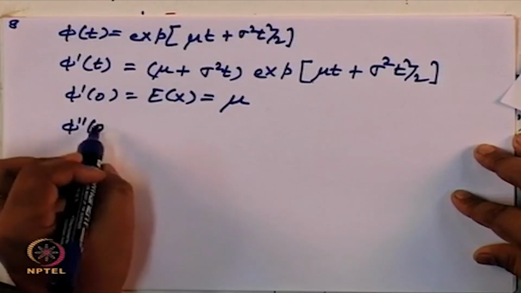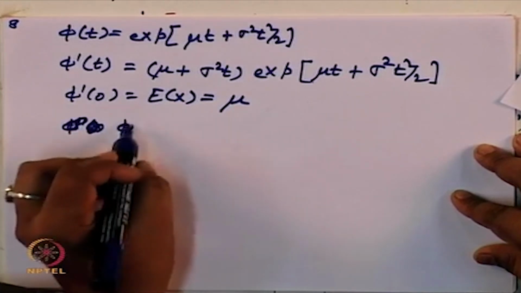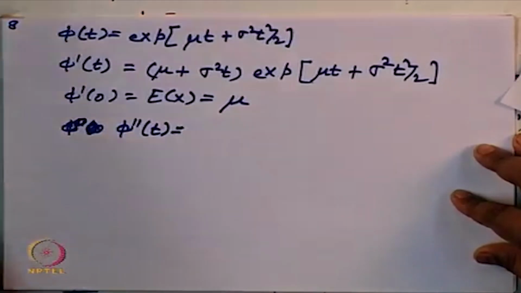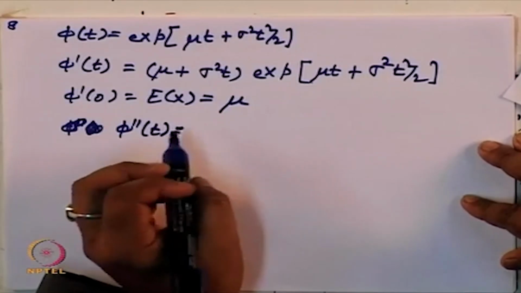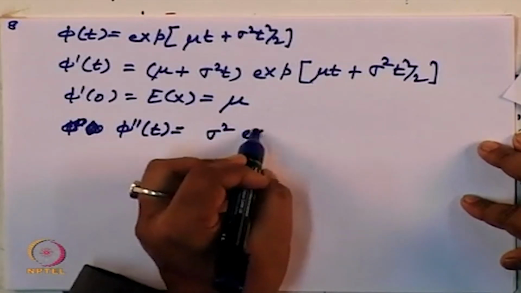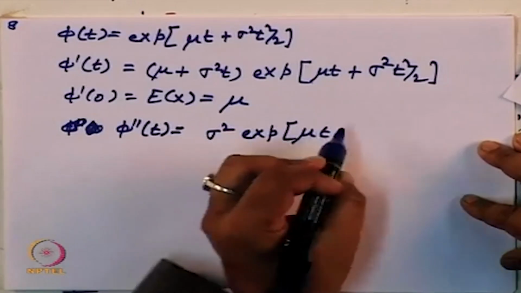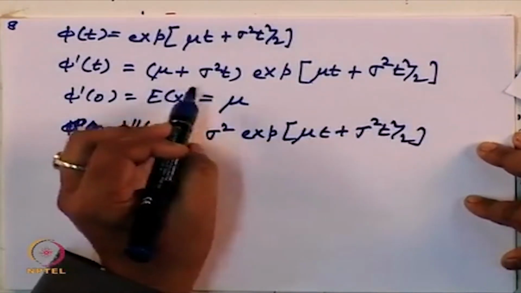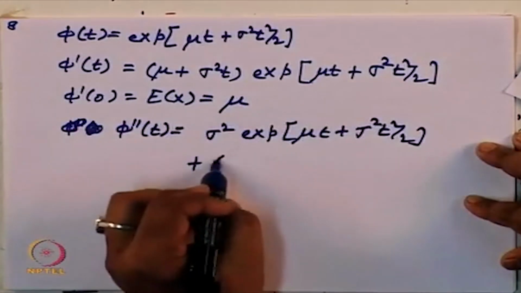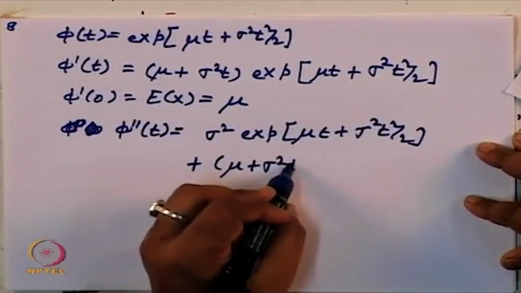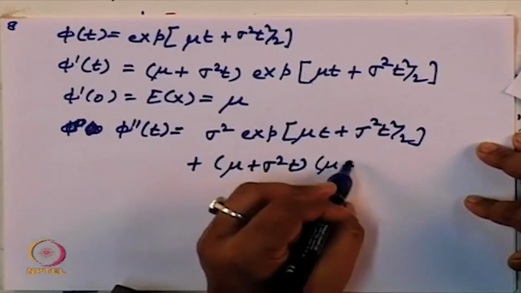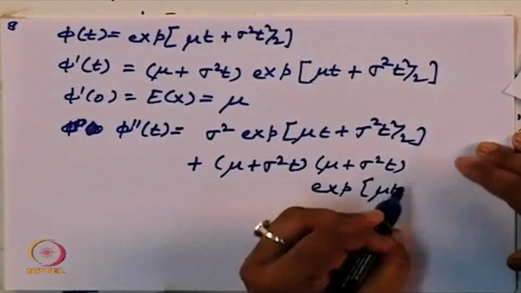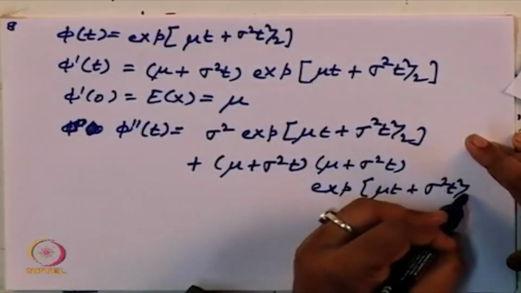Phi double prime of 0. First let us find phi double prime of t, which is equal to sigma square exponential of mu t plus sigma square t square by 2. So basically I have taken a derivative of this term, keeping this as constant, plus into mu plus sigma square t, exponential of mu t plus sigma square t square by 2.